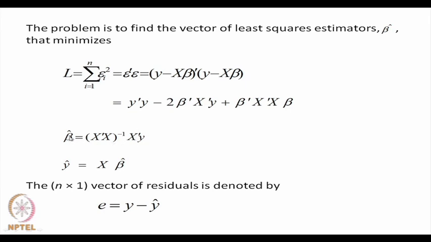Now that we know beta hat, we can find out y hat, the estimate of y, which is equal to X into beta hat. Now, we know the actual value of y at a particular point of time, and we have estimated the value of y, and therefore, we can find out the residual. We normally call this residual E.